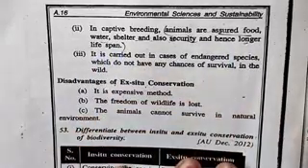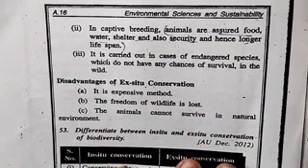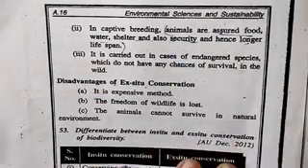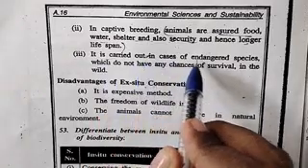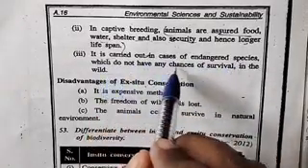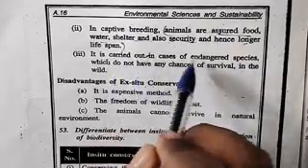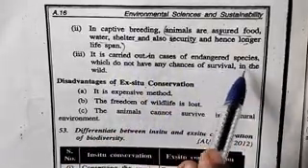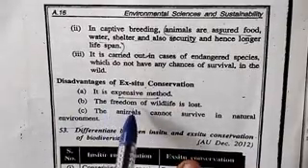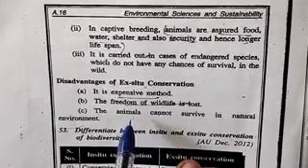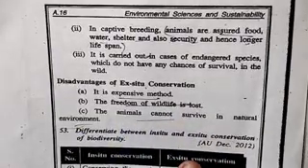So endangered species will be safeguarded because they have been given assured food, water, and shelter. Next, it is carried out in cases of endangered species which do not have chances of survival. So care is being taken of the endangered species. Next, disadvantages: it is an expensive method, freedom of wildlife is lost, and animals cannot survive in the natural environment.